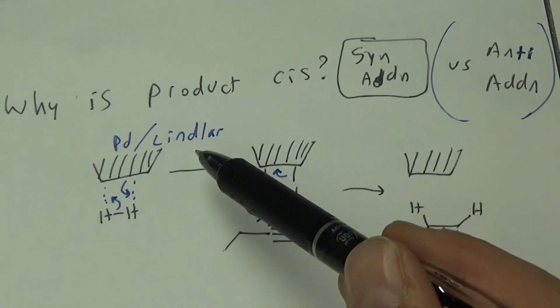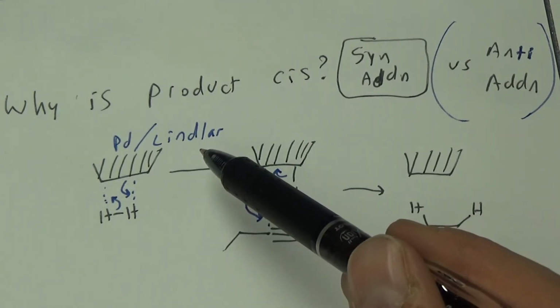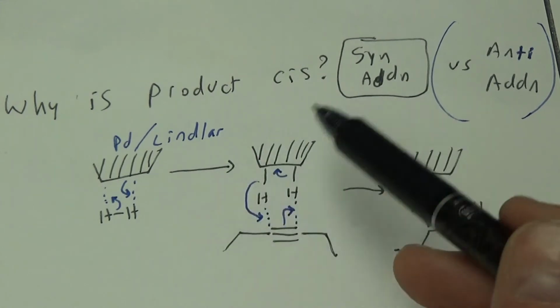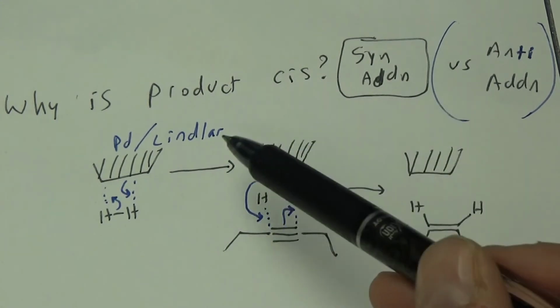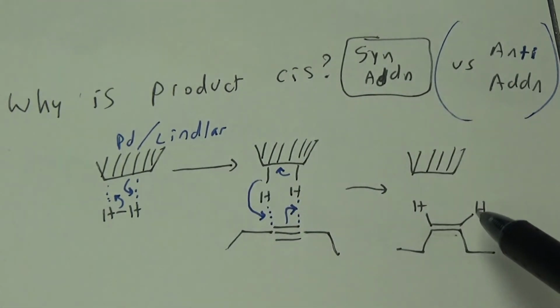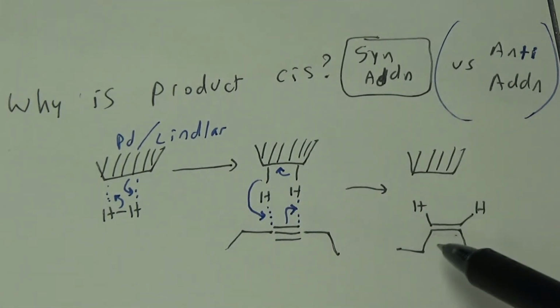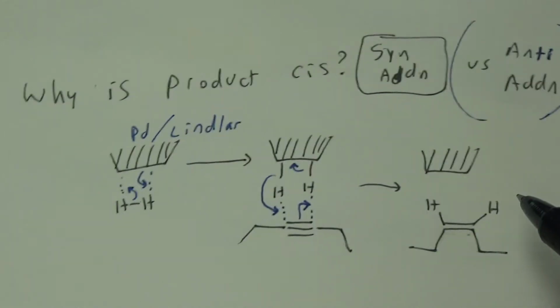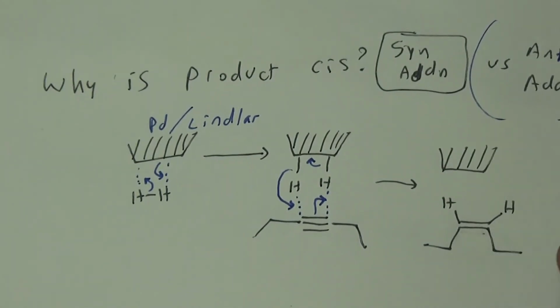Anyway, this catalyst was discovered by trial and error, I think. They started mixing chemicals up and found that this special formulation will stop at the cis alkene, and it's stable enough that it doesn't react the second time. So I don't have a good explanation for why Lindlar doesn't continue to make this into the alkane. All right.